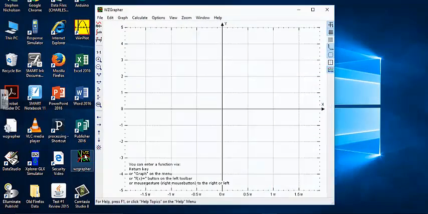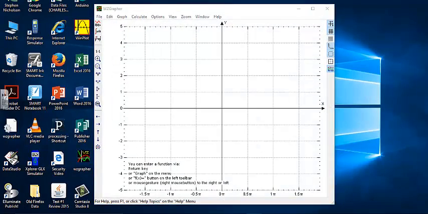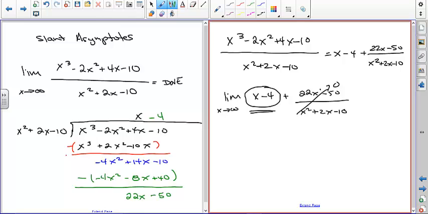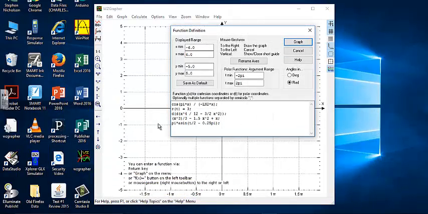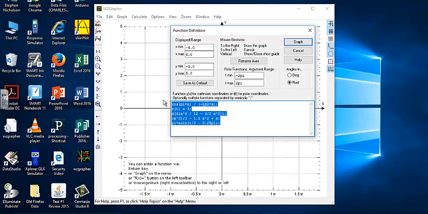Find my graph paper here. So my function is x cubed minus 2x squared plus 4x minus 10. I forgot already. Minus 10. Now I've got to put that in parentheses because that's the numerator.